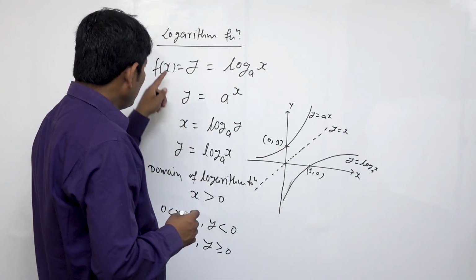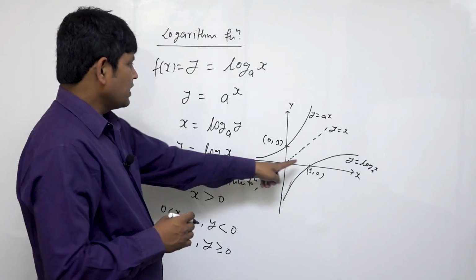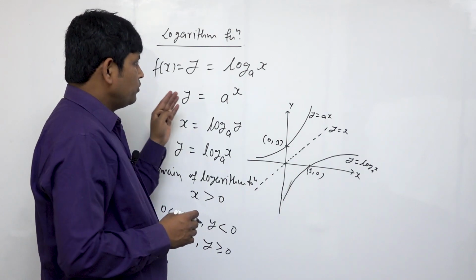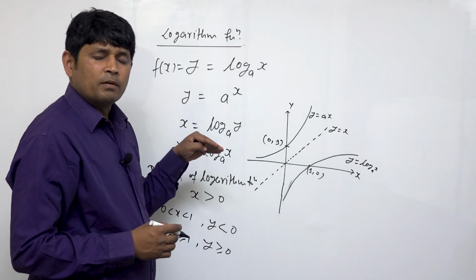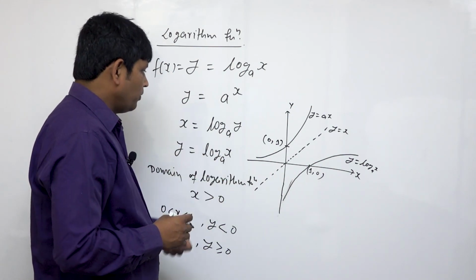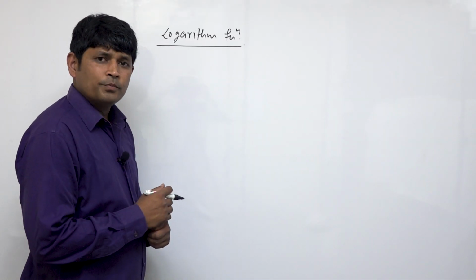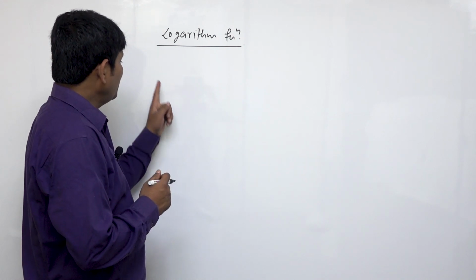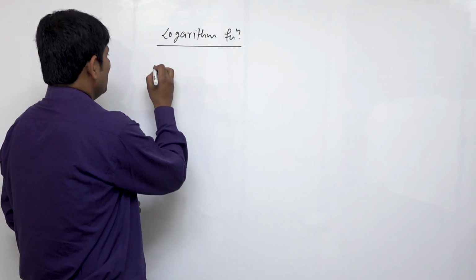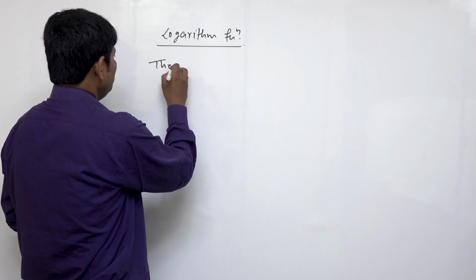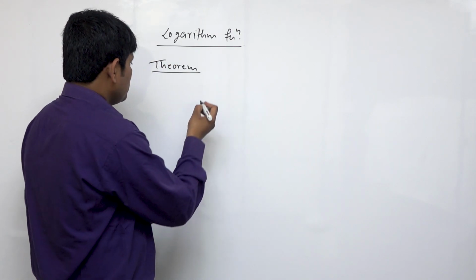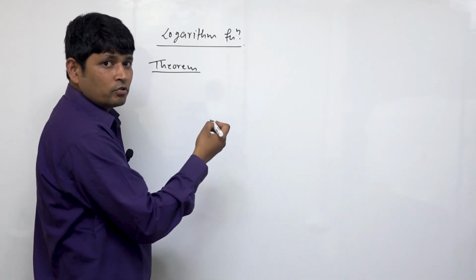So now, this is the graph of the logarithm function, and now we have to prove some properties of logarithm functions, some theorems that we will prove. The first theorem is called the product rule.